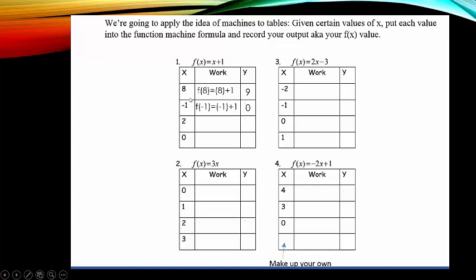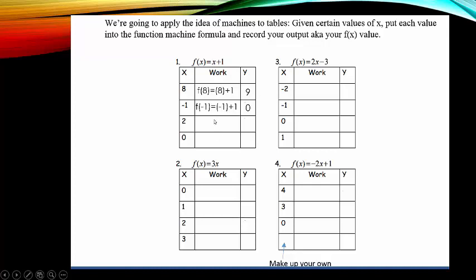So when -1 is the input, 0 is the output. When 8 was the input, 9 becomes the output. So it will always be changing because the formula controls it.